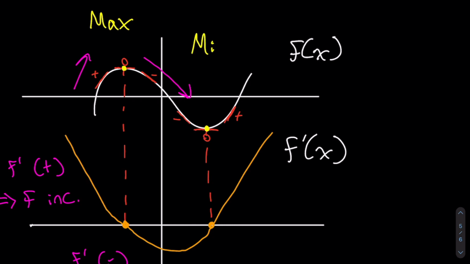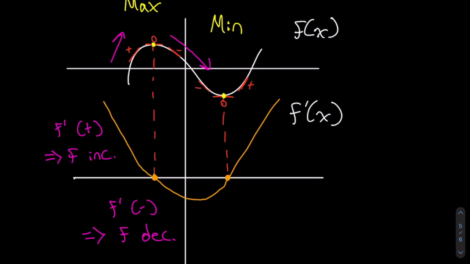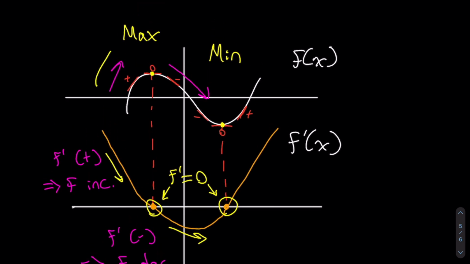And notice that where the derivatives are 0, over here we have a maximum in f. And on this side we have a minimum at f. The maxima and minima correspond to when f prime is 0. And if f prime is going from positive to negative, then we know that we're going up and then down, which means that that critical point, f prime equaling 0, corresponds to a maximum.